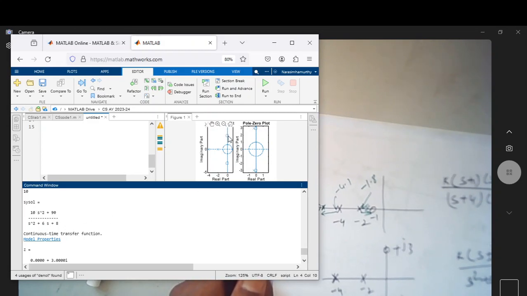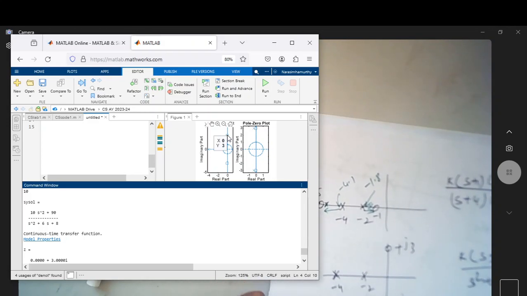You can see this is my open loop 0 position, that is j3 and minus j3. The poles are at -2 and -4.